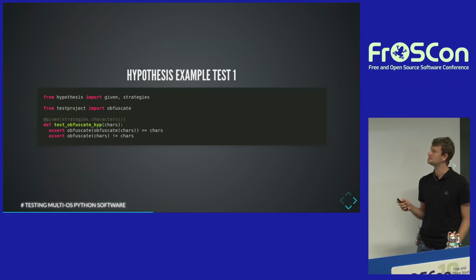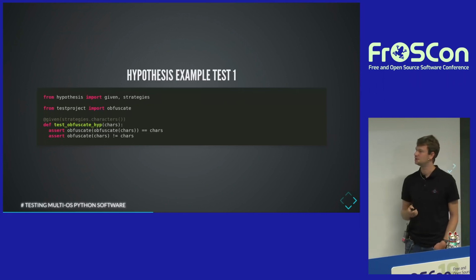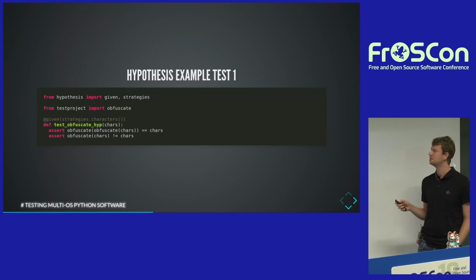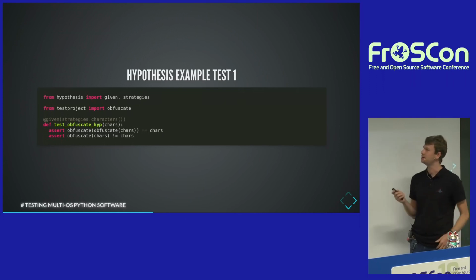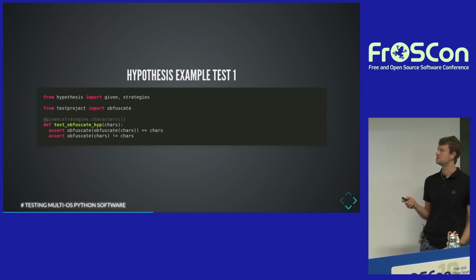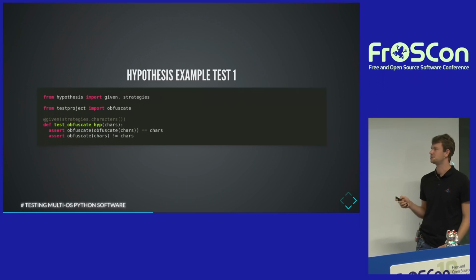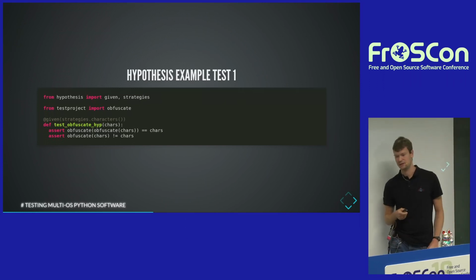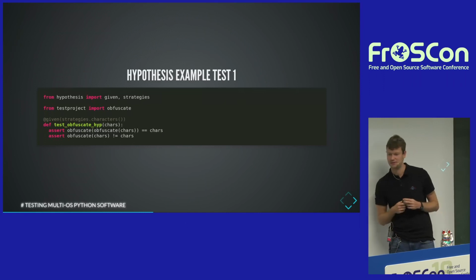Given is a decorator, you can see here, which is responsible for filling the input here with anything. And this anything is defined by this second import, strategies. Here we use strategies.characters. So this is a strategy in Hypothesis speak.